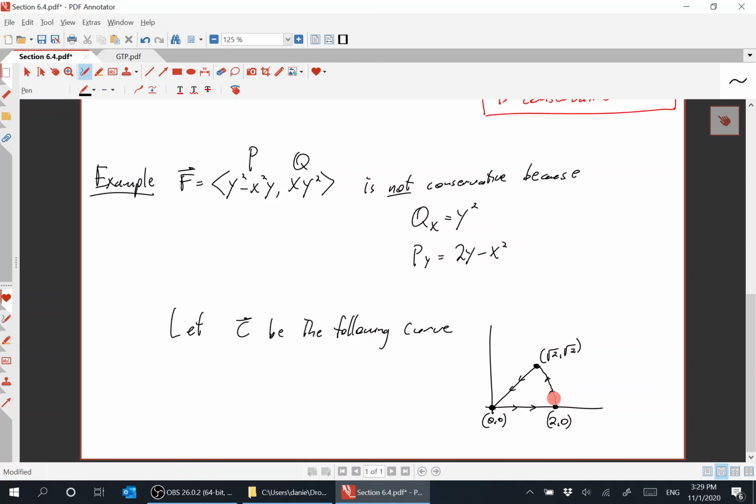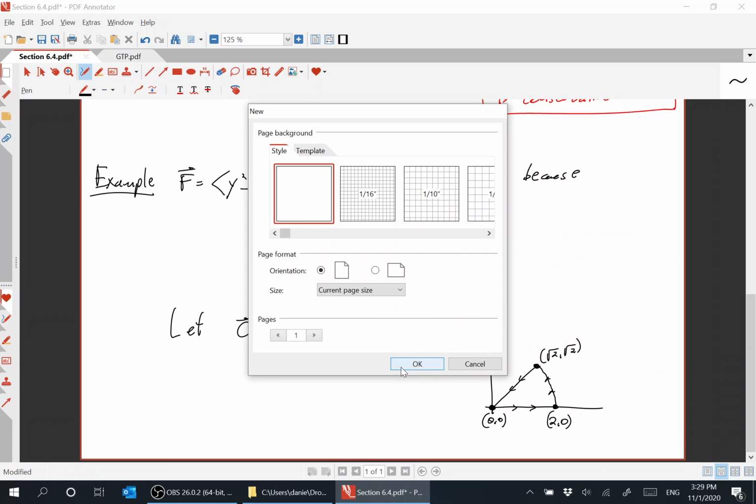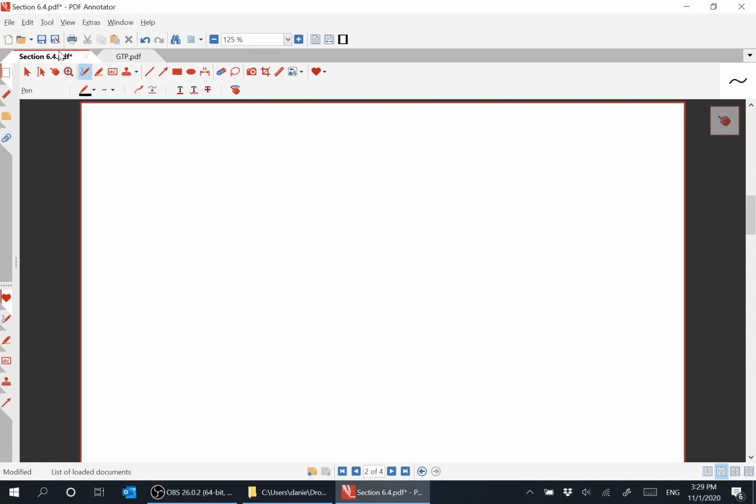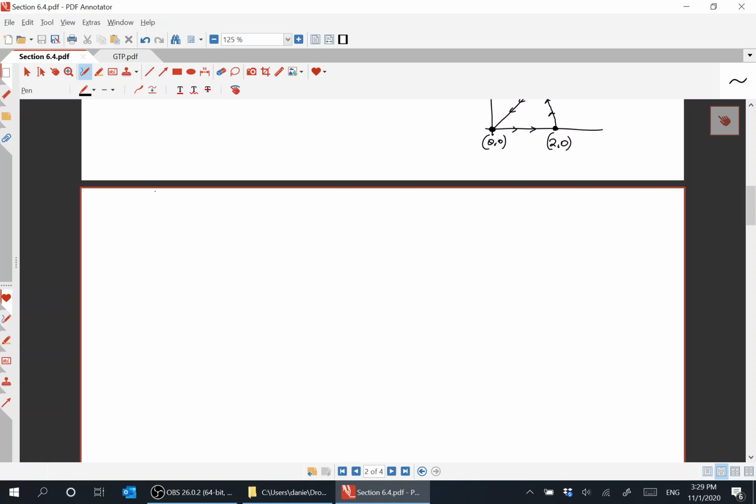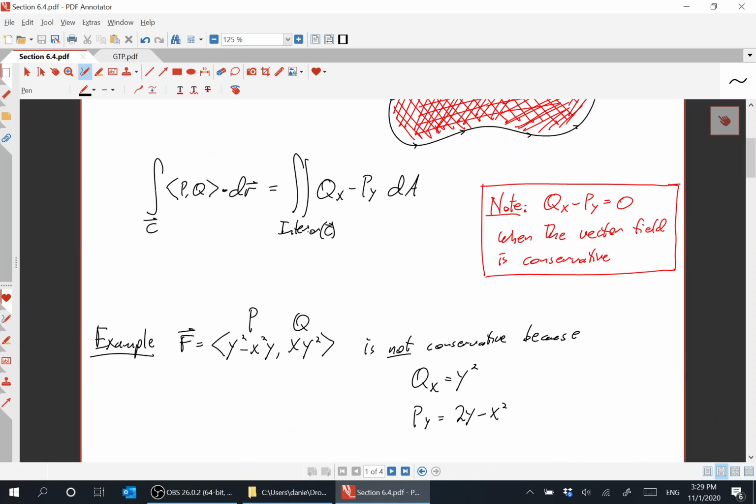So this is the circle of radius 2, and this is the line y equals x. So that's a 1/8 wedge of the circle. All right. So we're going to calculate both integrals. We're going to calculate the line integral over C, and we're also going to calculate this double integral.